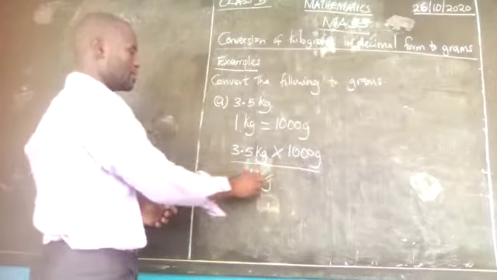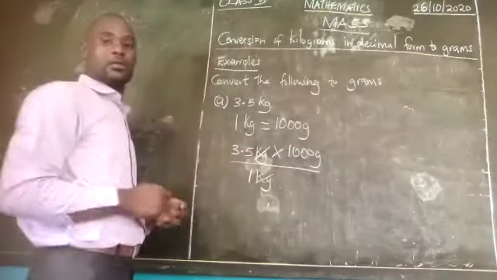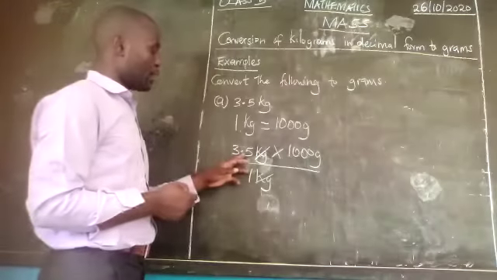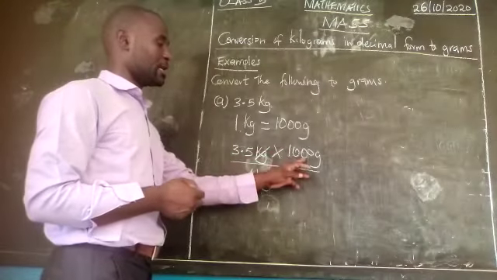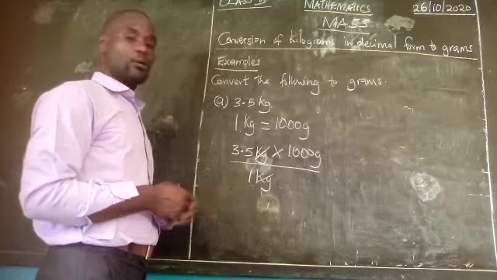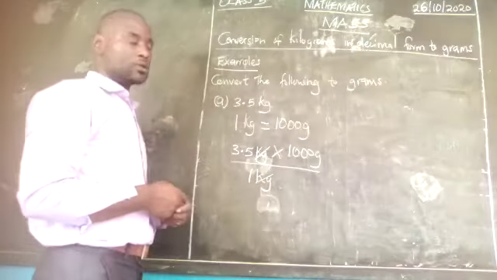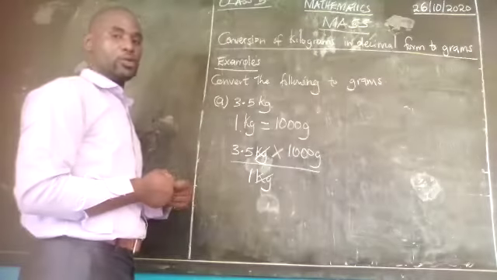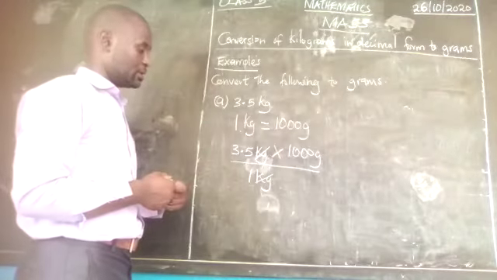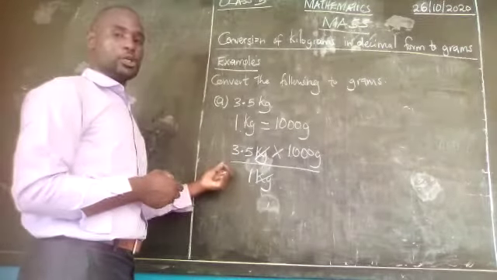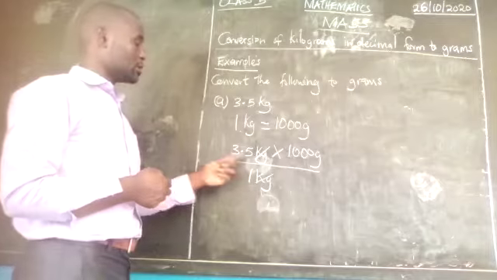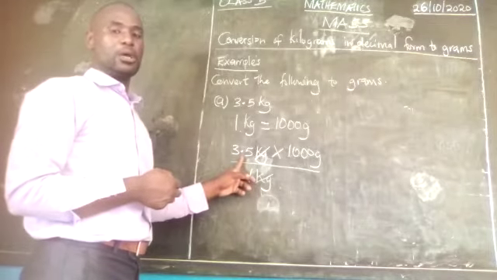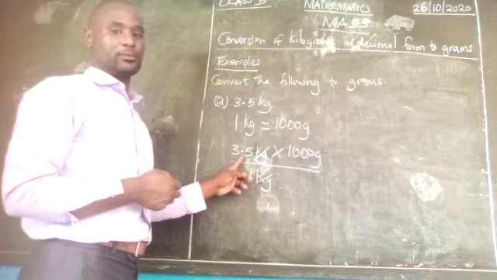So kilogram and kilogram cancels. Then we remain with 3.5 multiplied by 1000 grams over 1. So what is 3.5 multiplied by 1000? Here what you need to do is you change 3.5 into a fraction.